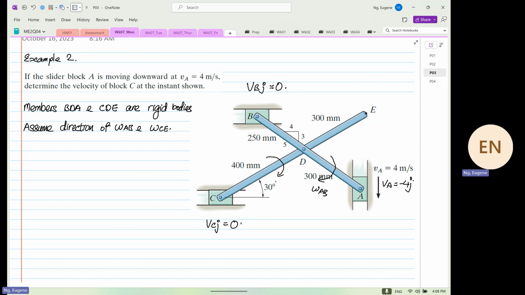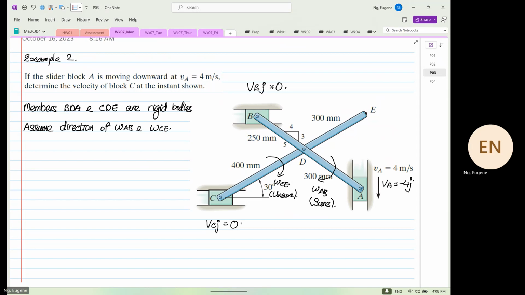So this is my omega CE. Down here, I'll put a bracket that we are very sure. Are you very sure? Yes or no? Are you comfortable? Because it's coming down, omega AB is going to be in a clockwise direction. Omega CE, unsure.